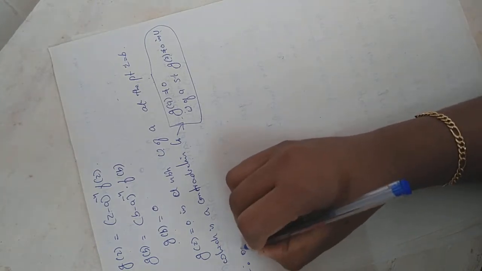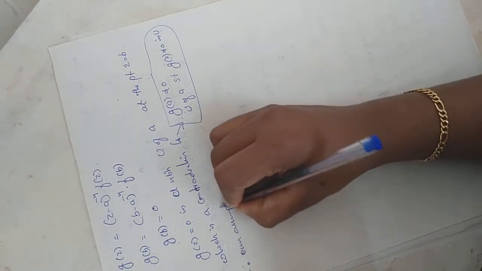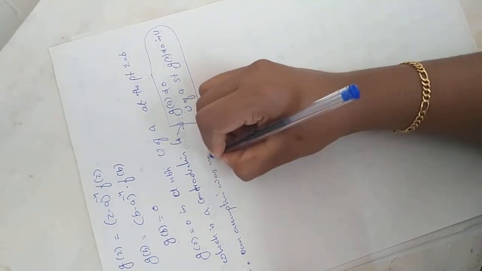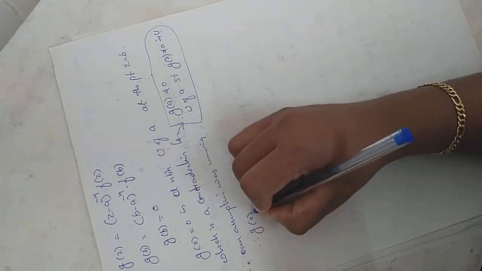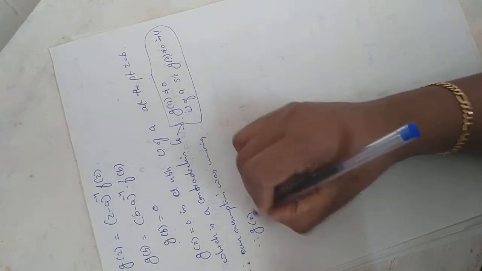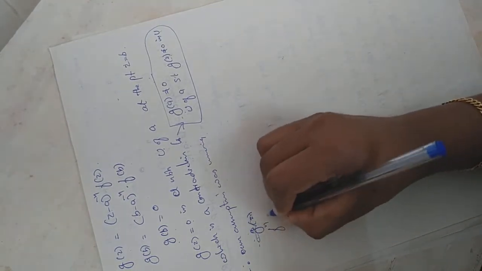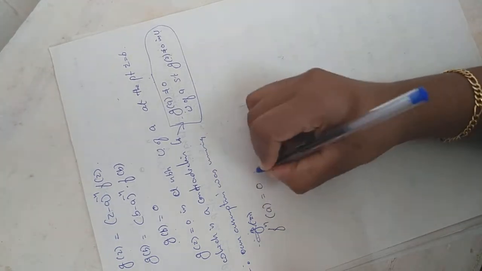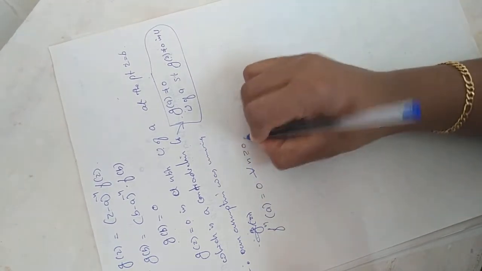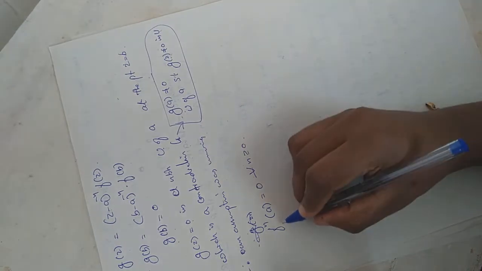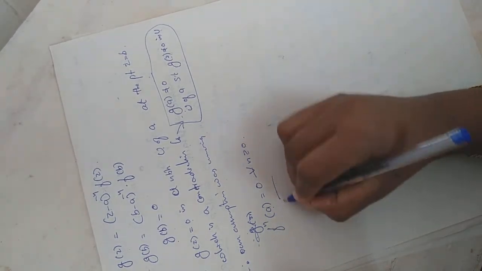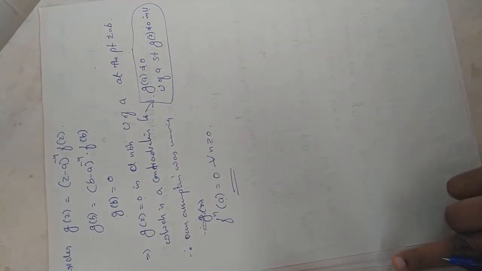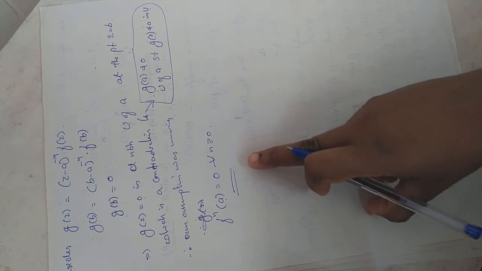Therefore, the nth derivative of f at the point A is 0 for every n greater than or equal to 0. There is no derivative of f at the point A which is non-zero. So we proved 3 implies 2.